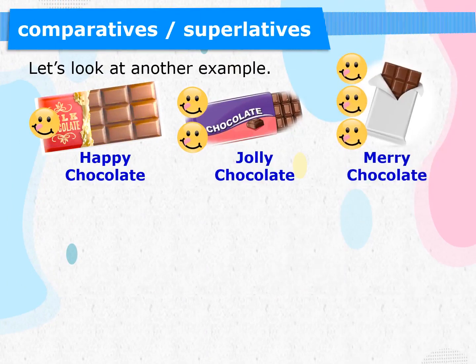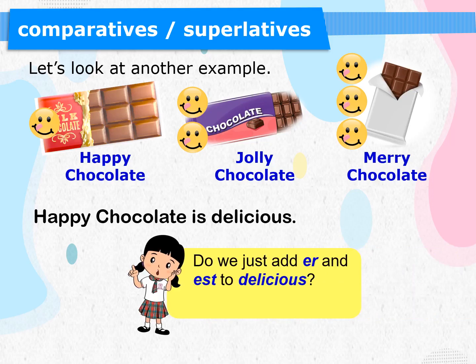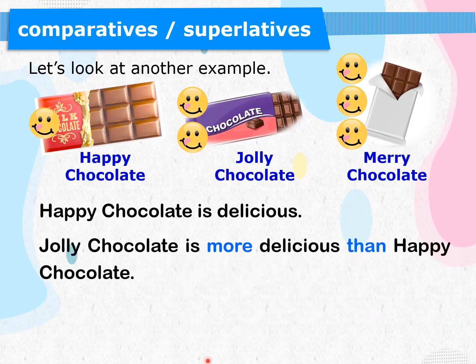Let's look at another example. Happy chocolate is delicious. Do we just add er and est to delicious? No! Jolly chocolate is more delicious than happy chocolate.